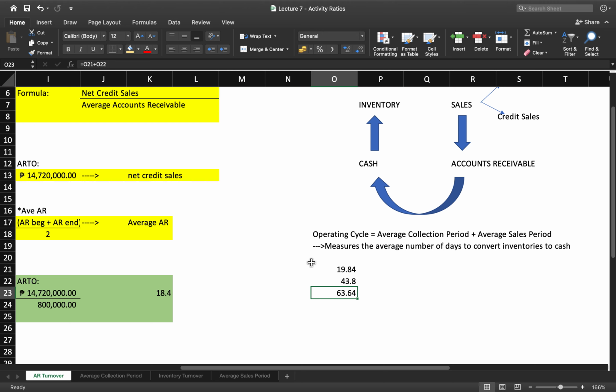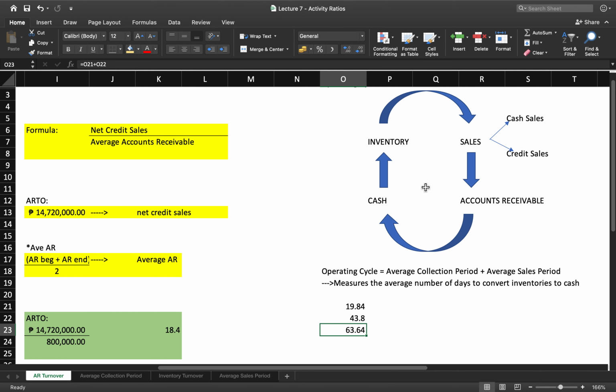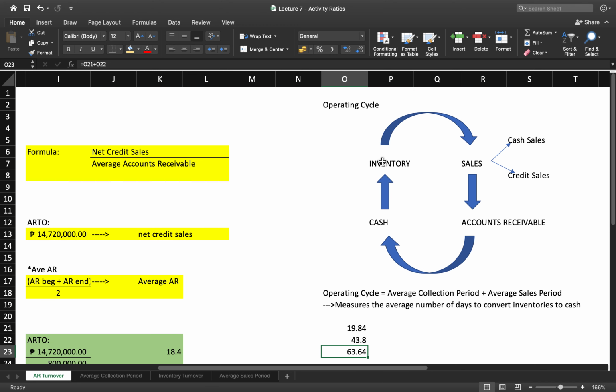So, anong analysis natin dito? So, sa inventory natin, bago natin siya ma-convert to sales, 43.80 days bago tayo makabenta. And then, bago tayo makakolekta, it takes us 19.84 days. So, it would take us 63.64 days in total before we complete the operating cycle.